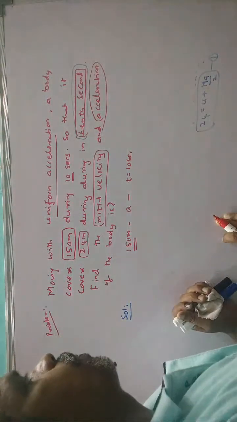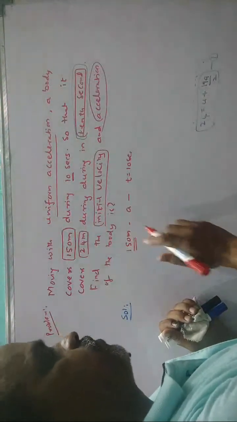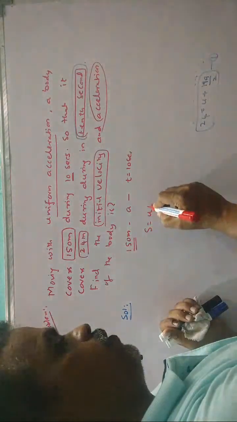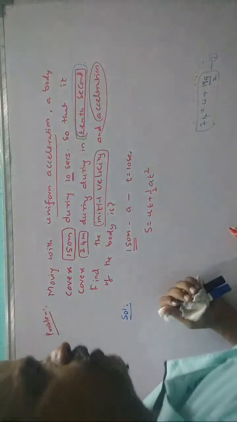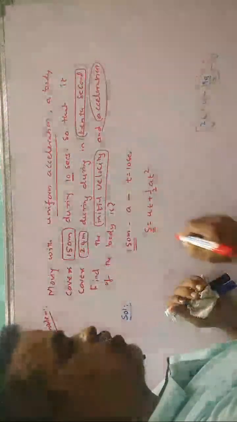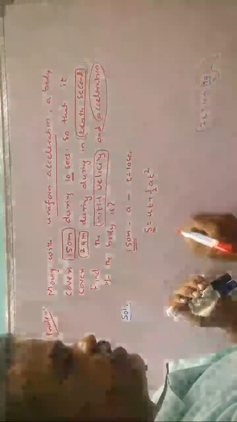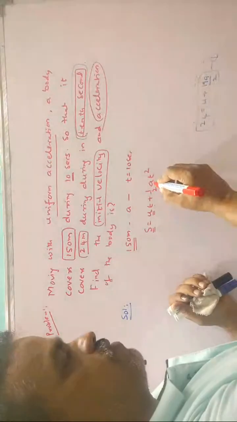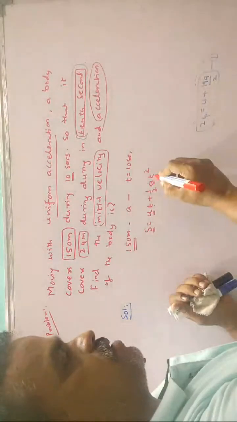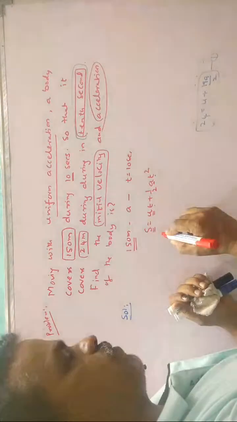So for this information, S equal to ut plus half at square. Here S is displacement, u is initial velocity, t is time, and a is uniform acceleration. So substitute these values here.